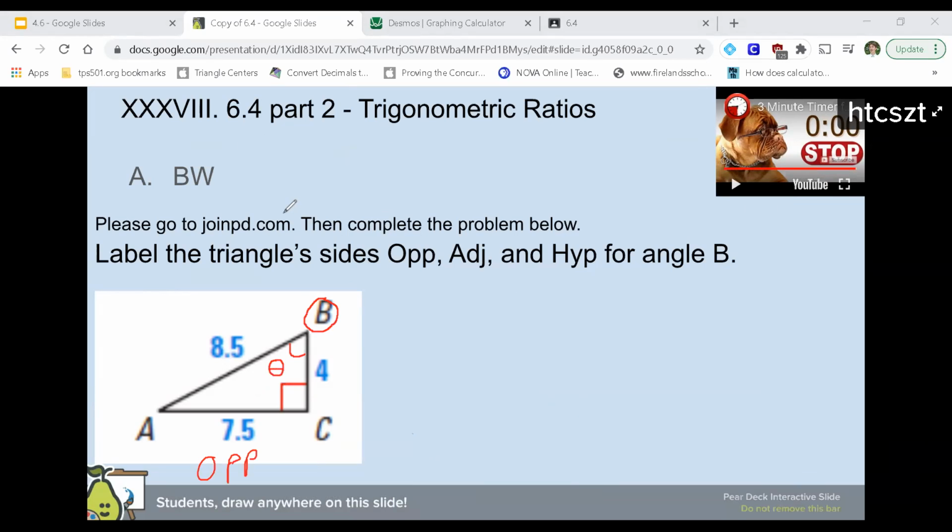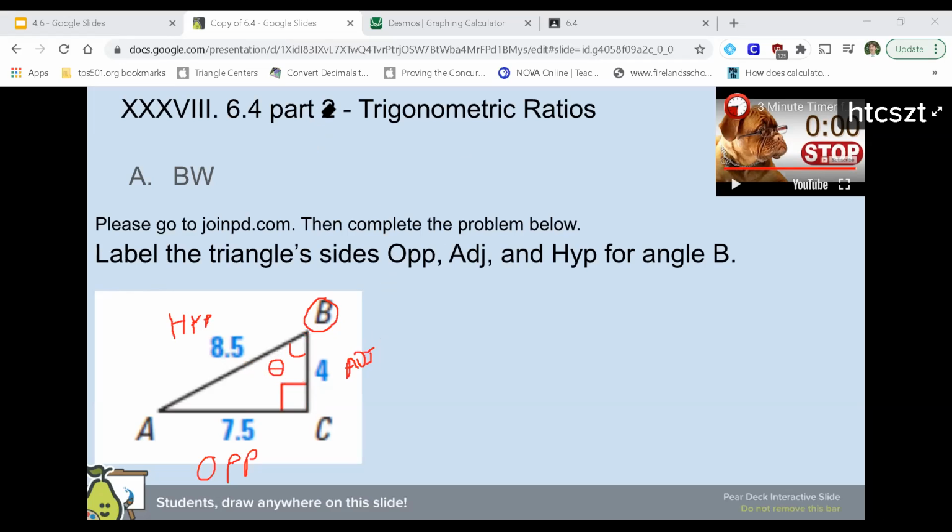Which one is the hypotenuse? 8.5 is the hypotenuse because it's opposite the 90-degree angle, which means 4 here has to be the adjacent leg, which hopefully makes sense because it's the one next to the angle, right? It's actually touching the angle.